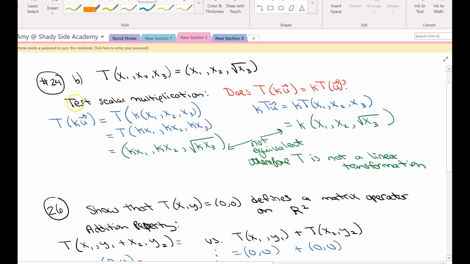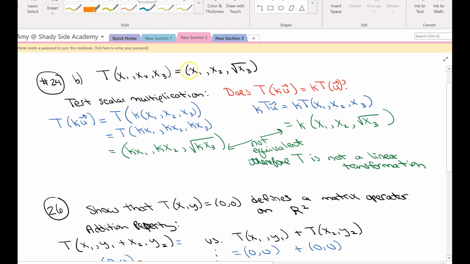Okay, so here I am testing scalar multiplication, and the question really is, does the transformation applied to k times an input equal k times the transformation applied to an input? And remember, in class, I said that in its general form, the input is referred to as a vector. In this case, if we look at this transformation, some of you are telling yourselves to think of this as a vector in 3 space with the 3 components.